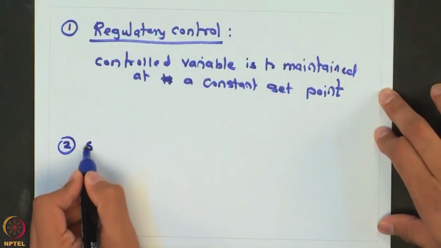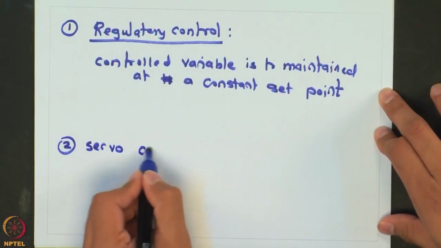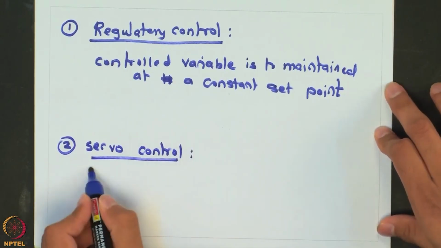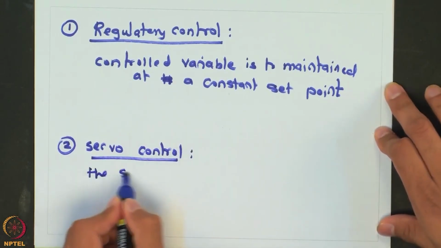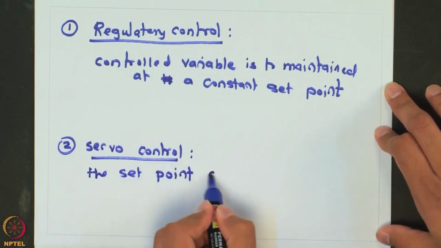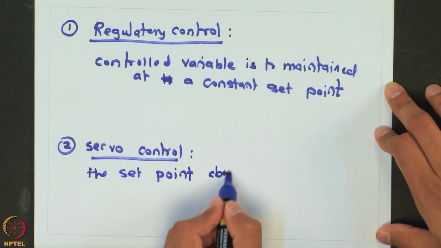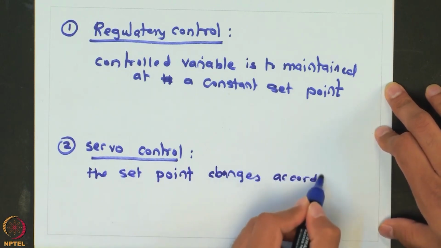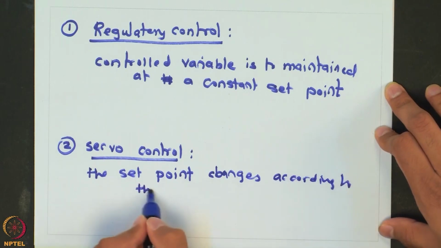The other type of control problems are known as servo control problems, wherein the set point changes according to the user.